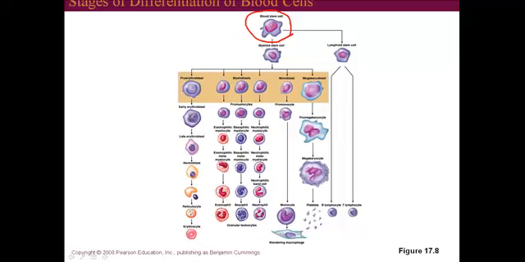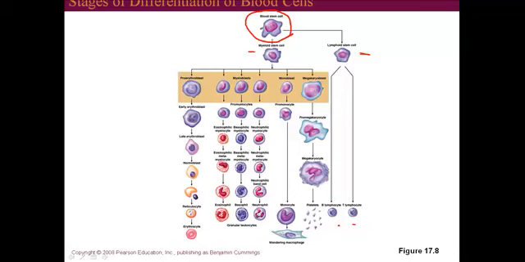It's an undifferentiated blood stem cell, so it's a stem cell, but it can only make blood cells. And that will give rise to two different types of cells, the myeloids and the lymphoids. The myeloid will make all the cell types except for B and T lymphocytes. They have a different lineage.